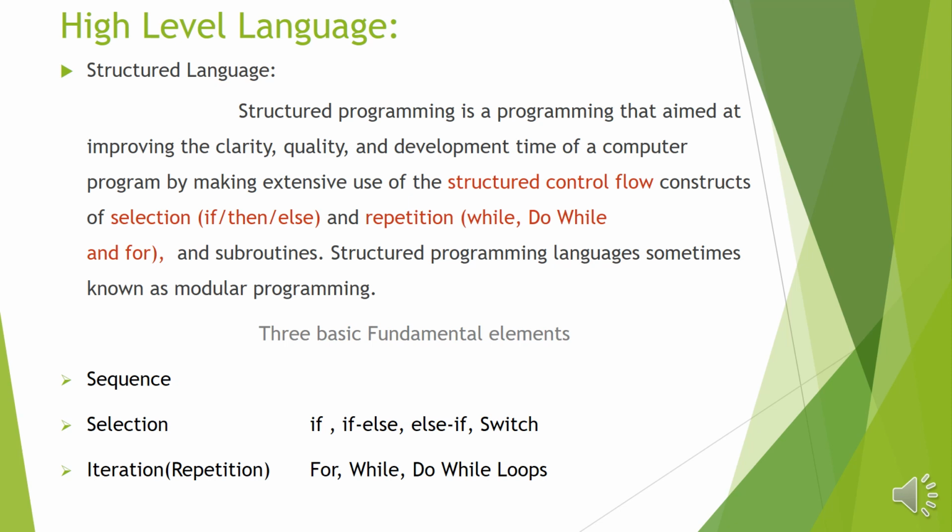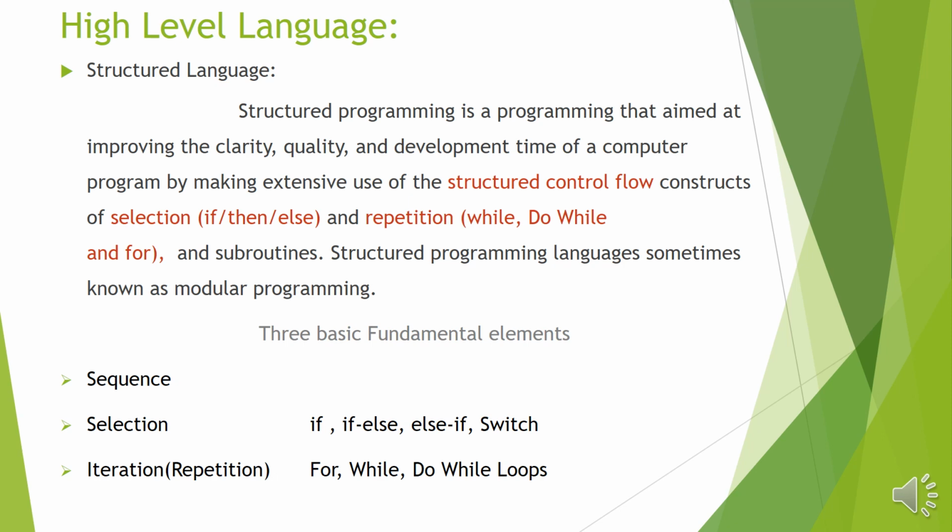Basically, there are three fundamental elements of a structured language. The first one is sequence, the second one is selection, and the third one is iteration, known as repetition as well as loop. What is meant by sequence? Sequence means writing program statements in a sequence, and the compiler reads the program step by step and also compiles it in a sequence.